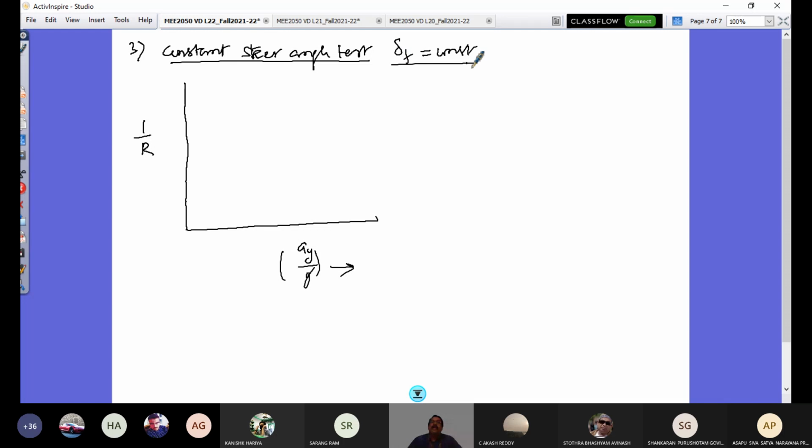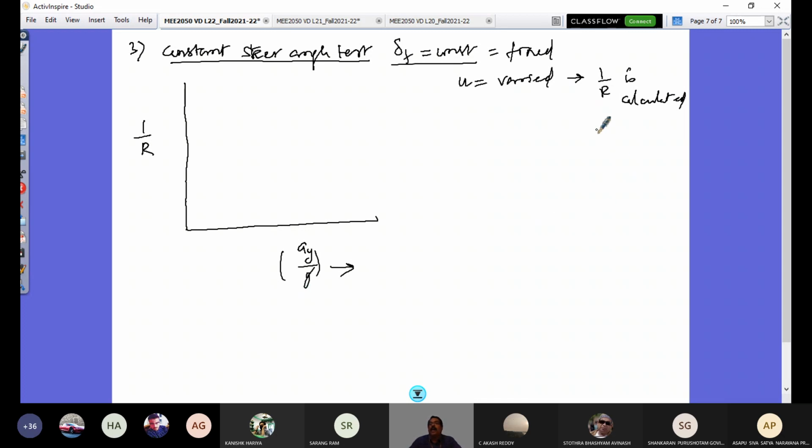Delta F is constant, that means it's fixed during the test, and what will be varied is the velocity, the forward speed. So 1 by R is calculated, and 1 by R as a function of lateral acceleration would be plotted.